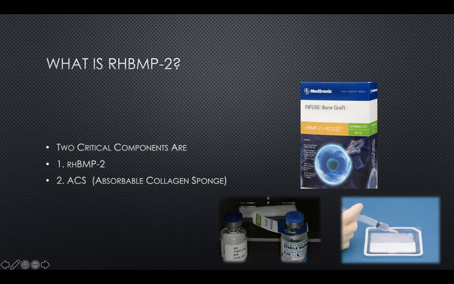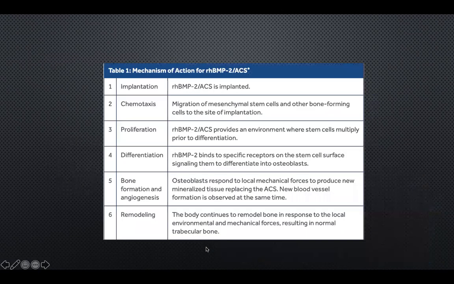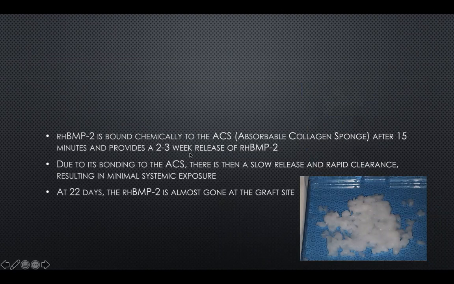And this is how the vial comes in. It comes with a vial of sterile water and the vial of BMP. We mix the BMP with the sterile water, and then this is a sheet of absorbable collagen sponge. We soak the collagen with the mixture of BMP and sterile water, and it's bound chemically to the absorbable collagen sponge after 15 minutes.